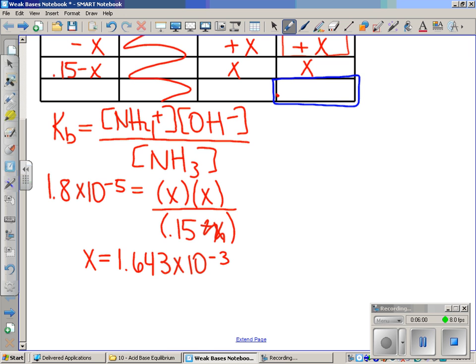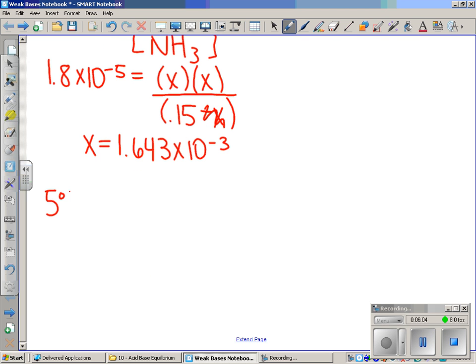Now here's where we want to double check and make sure that our 5% rule is in effect. This is what we talked about in class. This is how you make sure that the trick is something that you should have used. So you're going to take your X value, and again, this is just a check, and divide it by the original concentration in the problem.